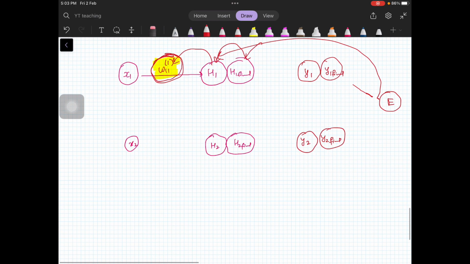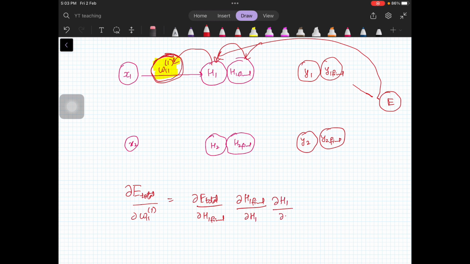So I will say my rate of change of the total error with respect to this weight W111 is going to be rate of change of total error with respect to H1 final, and then rate of change of H1 final with respect to H1, then rate of change of H1 with respect to W111, okay.